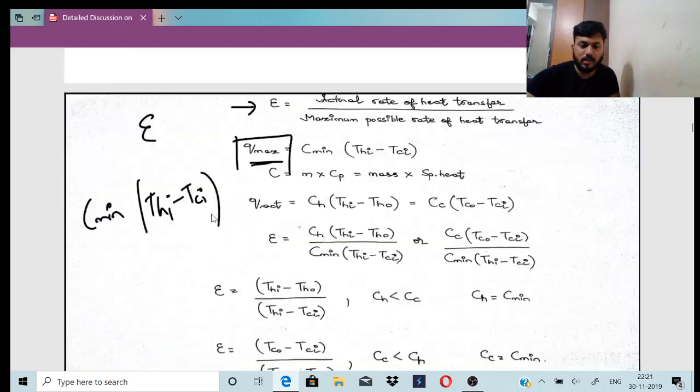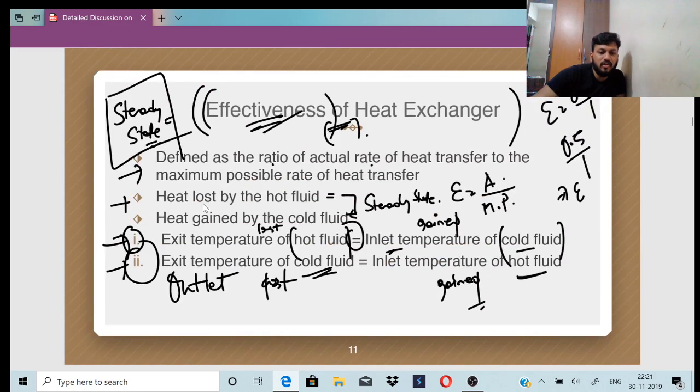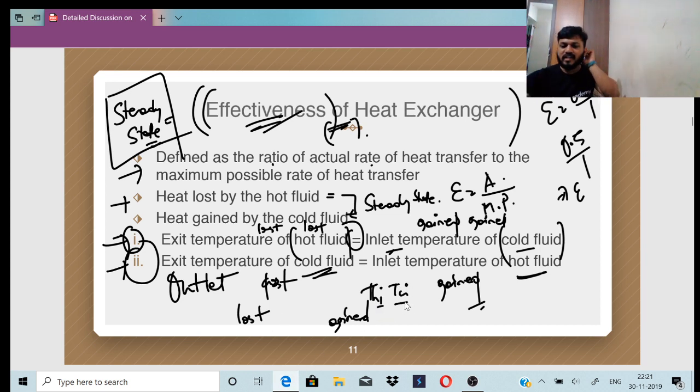So let's go to the previous page again. Heat lost by hot fluid is equal to heat gained by cold fluid. Exit temperature of hot fluid is lost. Inlet temperature of cold fluid is gained, right? Exit temperature of cold fluid is lost, inlet is gained. So here, THI and TCI are gained: inlet temperature of cold fluid and inlet temperature of hot fluid.